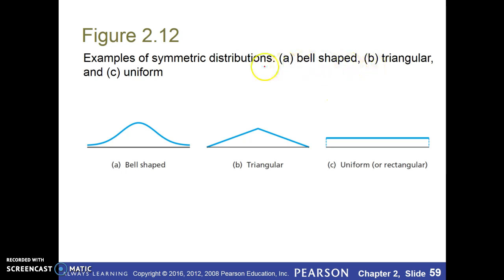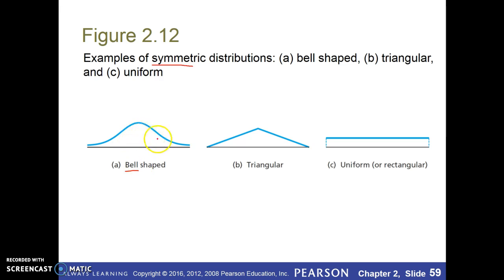So then we're going to talk about the symmetric distributions. Symmetric distributions really involve three major types of shapes. One is bell-shaped. That's where it starts off low and it ends low, but somewhere in the middle it peaks and it goes back down. This bell-shaped is a lot of times called a normal distribution. We're going to talk more about that in a later unit.